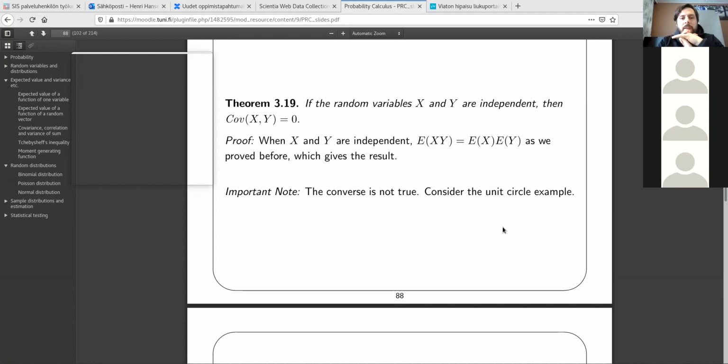If we calculate the covariance of the x and y components, it will be zero. It's fairly easy to see because if you take a random point and the x value is determined, then the y value is determined to be something or the negative of that, but it's equally likely to be positive or negative. So the covariance will be zero.